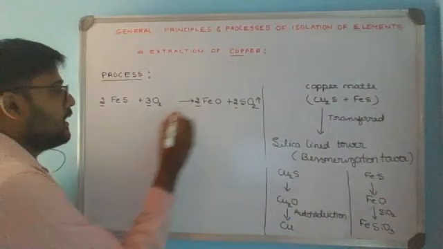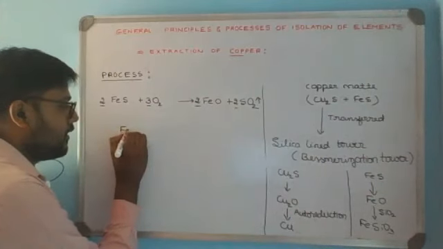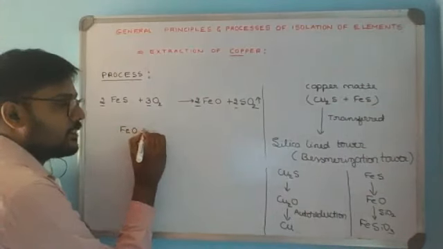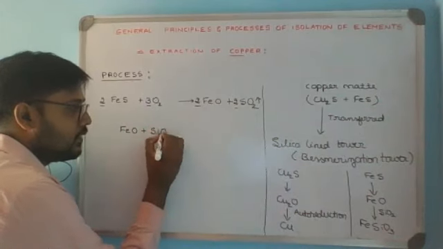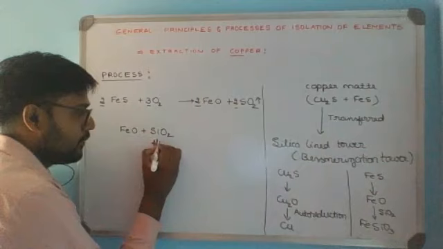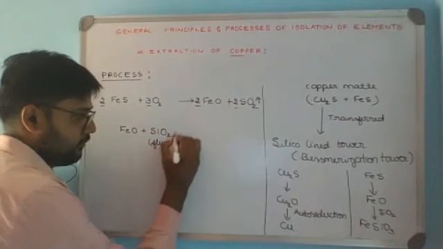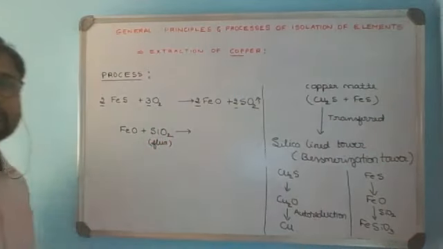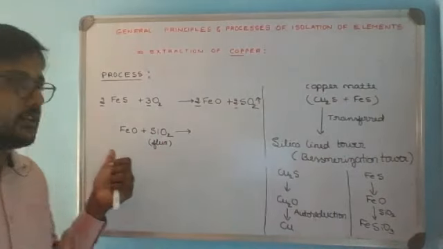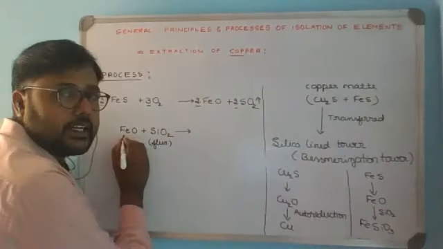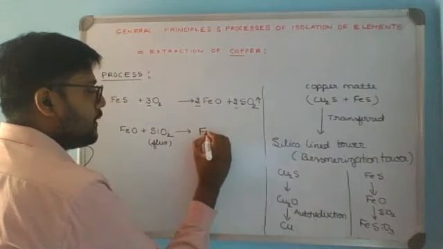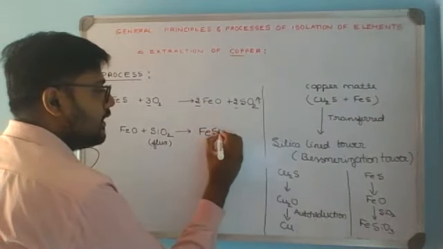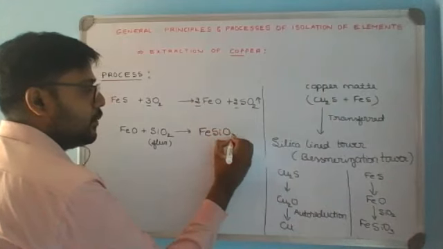Now the iron oxide obtained combines with the silica used in the process, which acts as flux, and combines with the iron oxide, which is obtained as a gangue substance, to form the soluble slag iron silicate, FeSiO3.